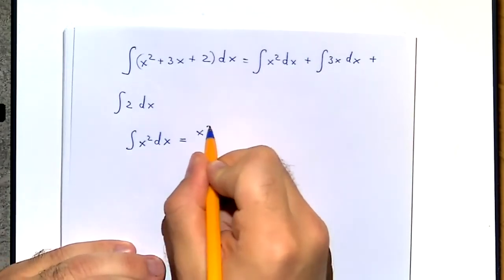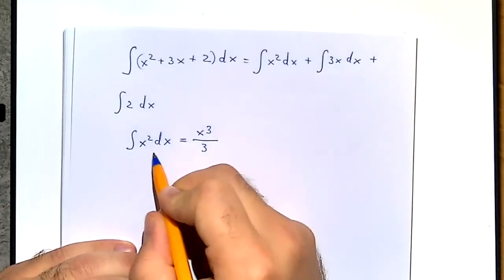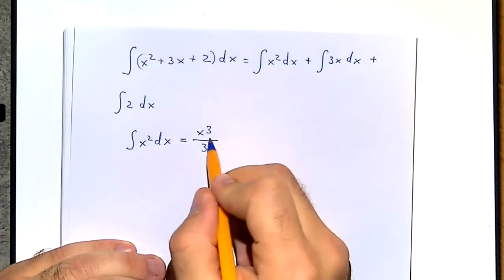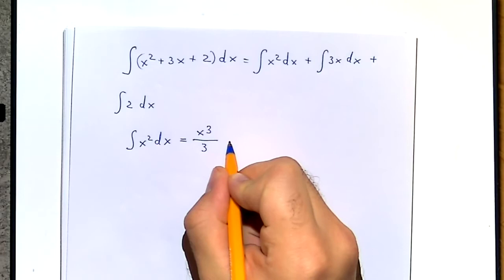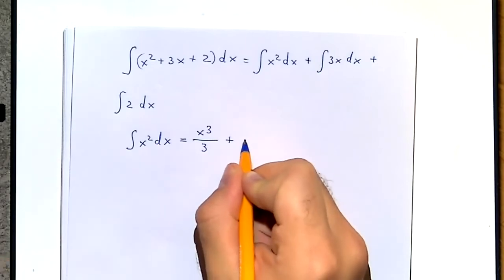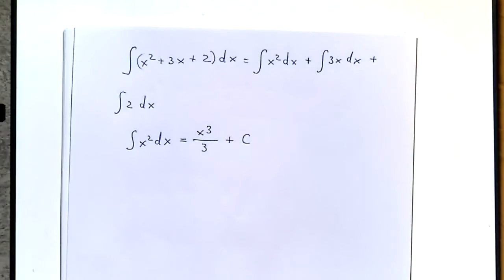It should obviously be x cubed over 3, right? Because when you take a derivative, a 3 pops down. So again, either the formula or your judgment, but it really is kind of simple once you know derivatives.